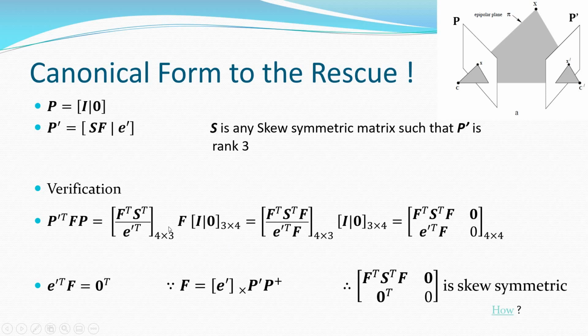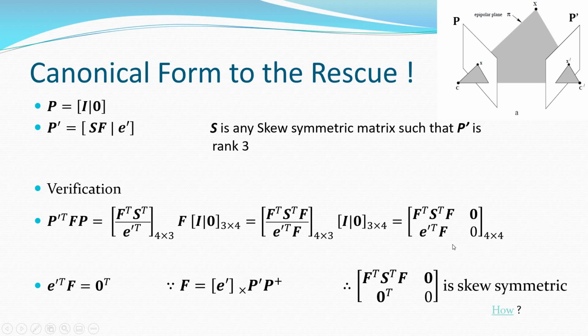Now just multiplying these together, we get this form, which is again 4 cross 3, because this is 4 cross 3 and this is 3 cross 3. When you multiply this with this, you get a 4 cross 4 matrix.